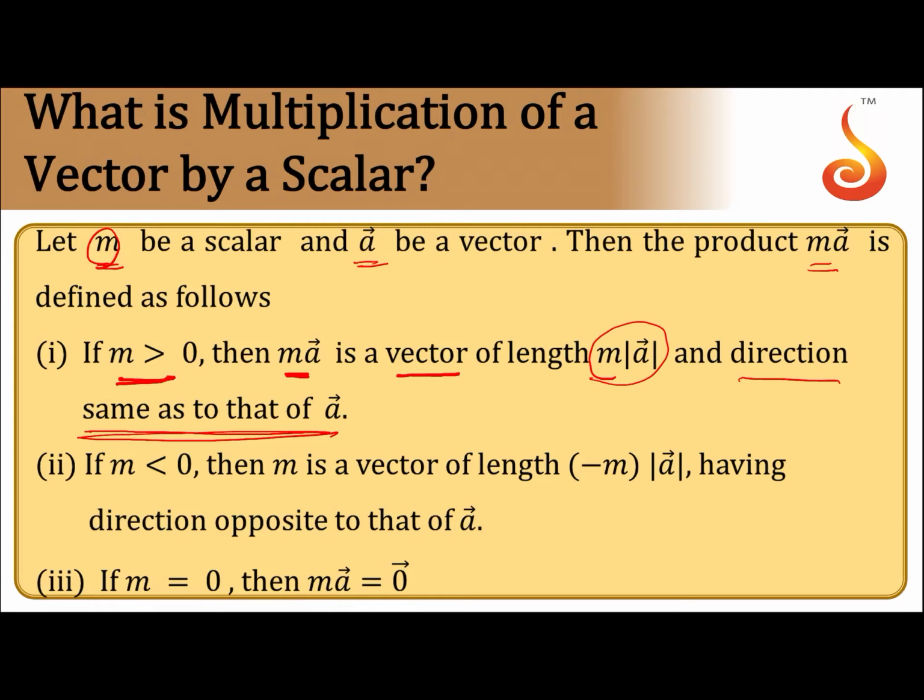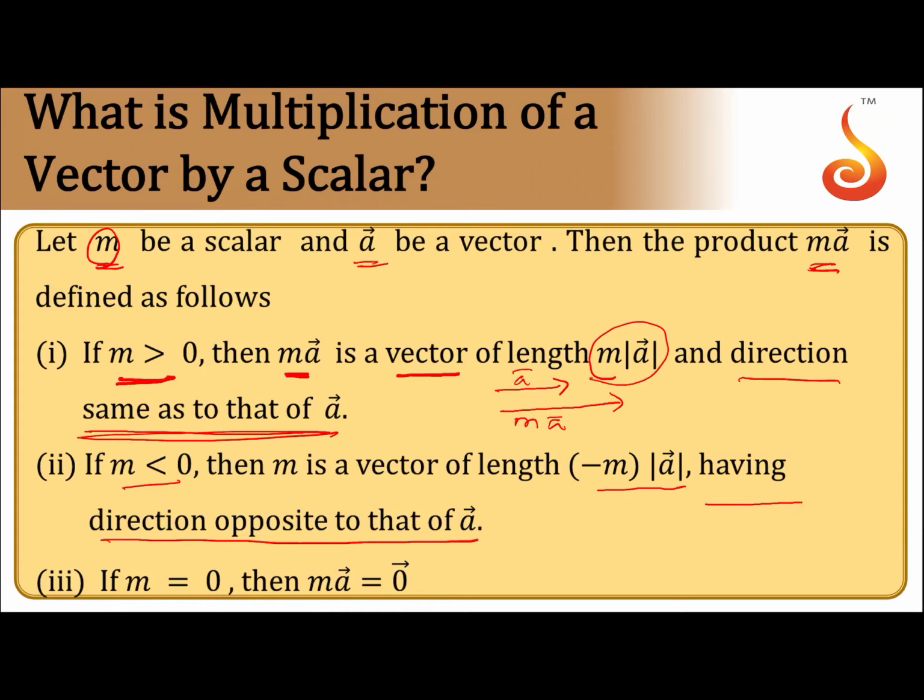So if A bar is in this direction, then MA bar is in the same direction of A bar, provided M is a positive number, and the magnitude is M times the magnitude of the original vector A bar. Whereas if M is a negative number, then MA bar is a vector whose magnitude is modulus M times the magnitude of A, but opposite in direction.